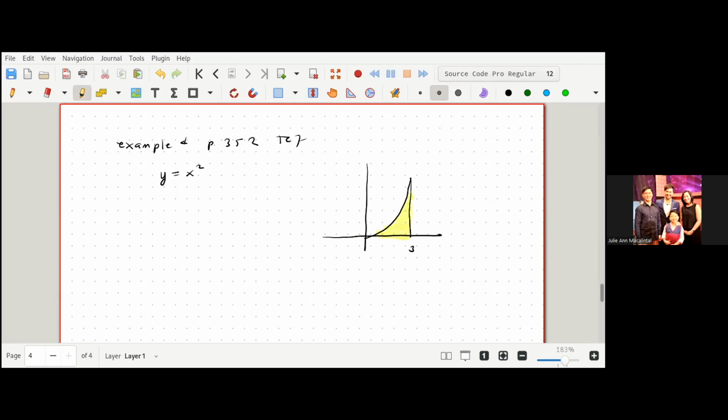Ngayon, yung method of inscribed rectangles, gusto natin i-cut yung interval into equal slices. So, for example, ito, equal slice of 3 slices. Tapos, yung first rectangle ito, second rectangle ito, yung third rectangle ito. Ngayon, ano yung mga points na nandito? If this is x0, x0 is 0, madali siya.